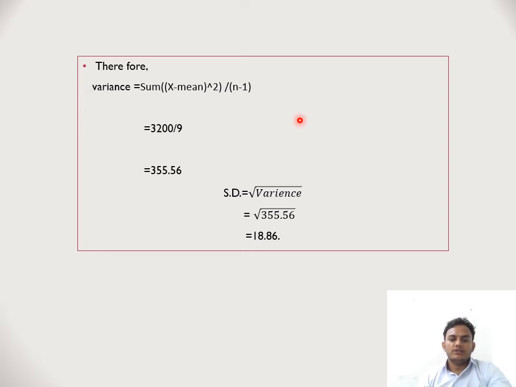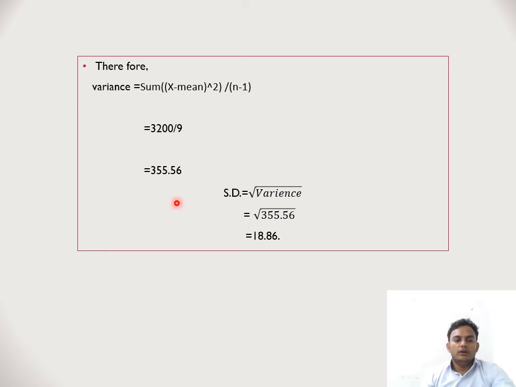If our total number of observations is less than 30, then we have to divide in the variance formula by n minus 1. So the total sum of squared differences is 3200, divided by n minus 1, meaning 10 minus 1, that is 9.